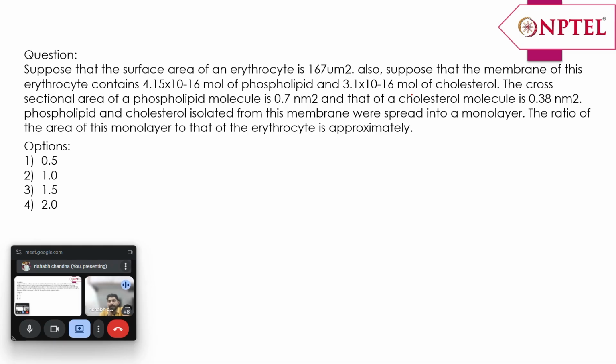The cross-sectional area of a phospholipid molecule is 0.7 nanometer square, and that of cholesterol is 0.38 nanometer square. Phospholipid and cholesterol isolated from this membrane were spread onto a monolayer. The ratio of the area of this monolayer to that of the erythrocyte is approximately how much? I know the question is too complex. You write it down, then try to solve it.